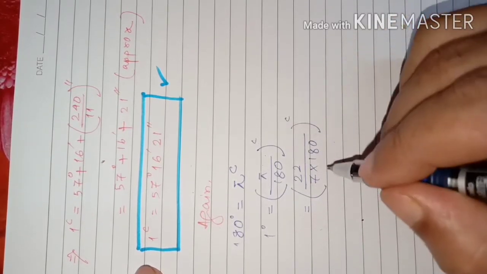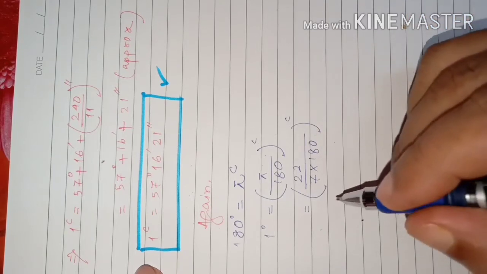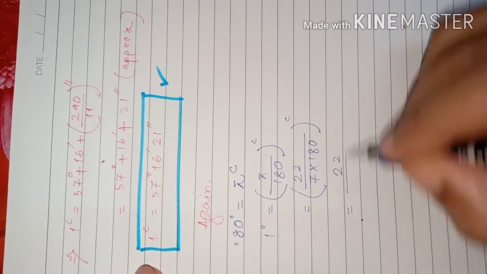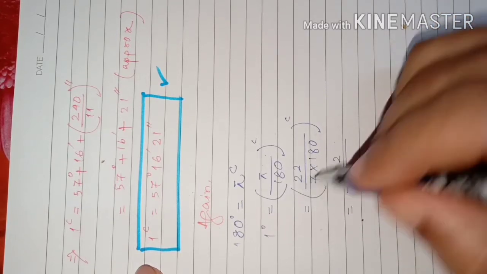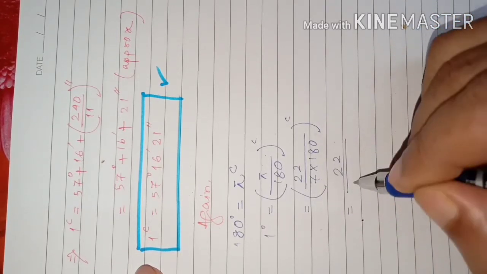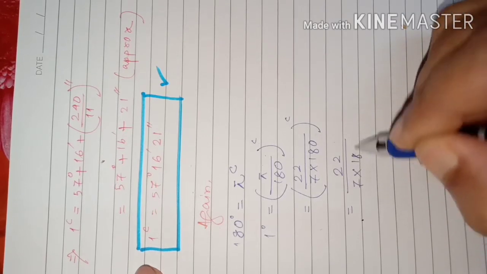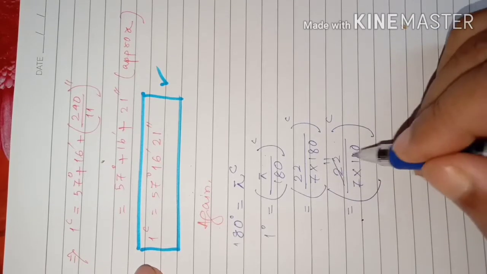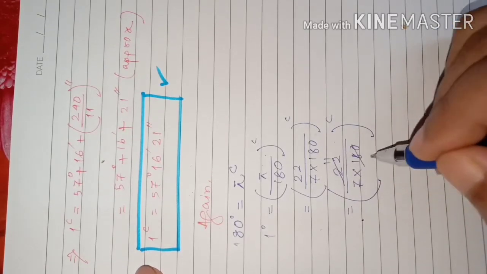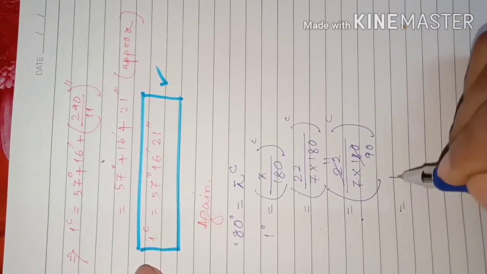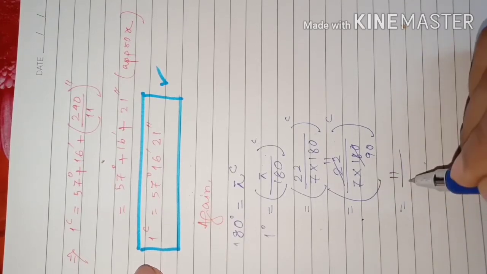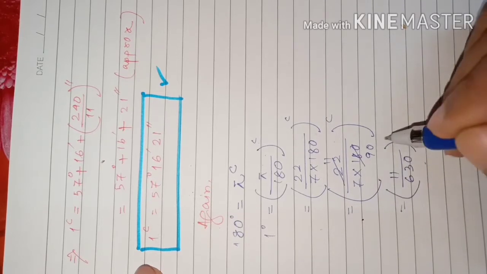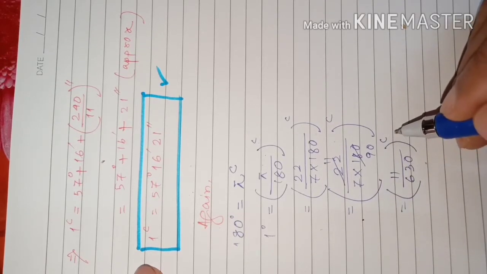This much radian. So now 22 by 7 into 180, 2 we can cancel also. 22 we can cancel. Okay, later we'll cancel. 7 into 180 will cancel here. 22 is 11 into 2, and 180 is 2 into 90. So it will be 11 by 7 into 90, that is 630 radian. This much radian.